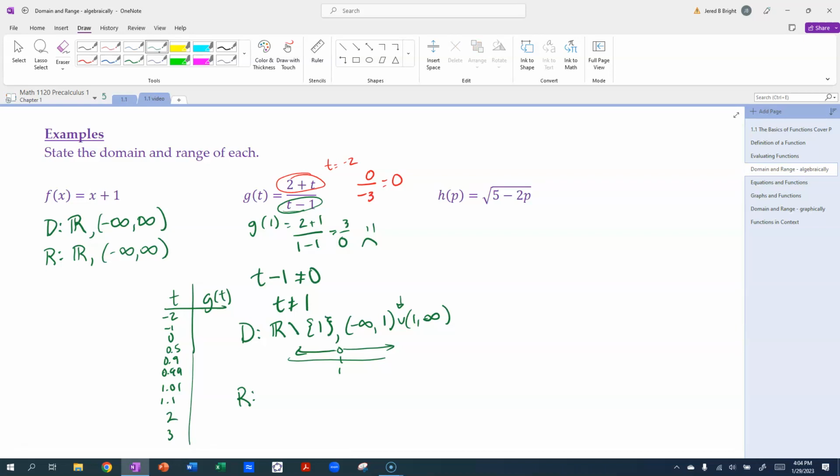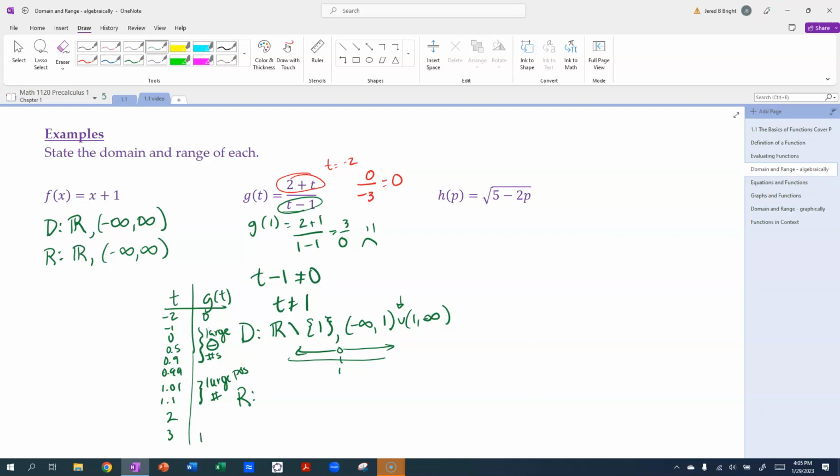I can tell you this one is going to be 0, and then as you go closer towards 1 on this side, you get larger negative numbers. Over here, you're going to get large positive numbers, and then as you get further out, you're going to get closer to 1.